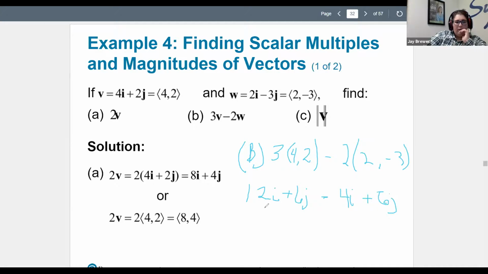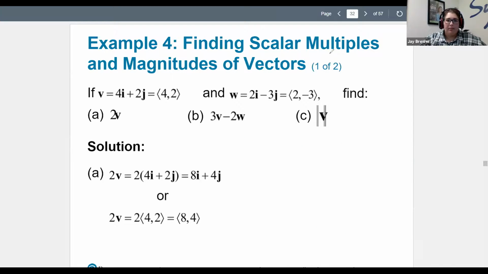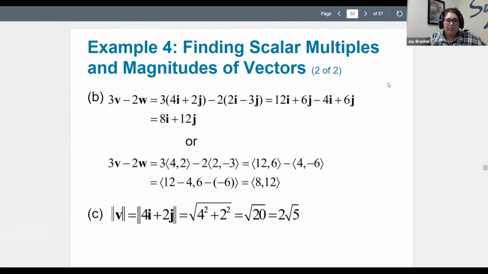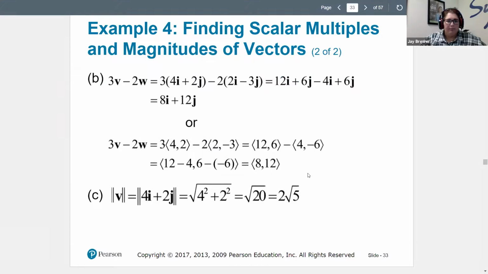And then you got to combine them, right? So 12i minus 4i gives you 8i plus 12j, or 8 comma 12. Let's see if we're right on that. There it is, 8, 12. You guys knew that though anyway.